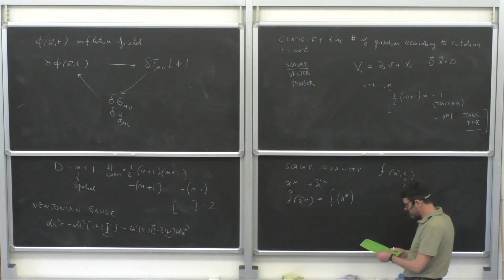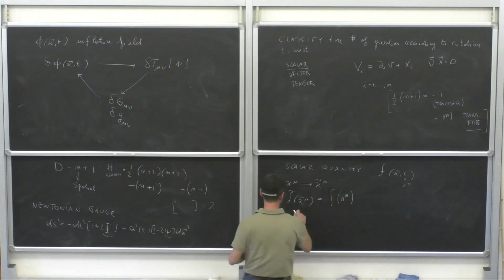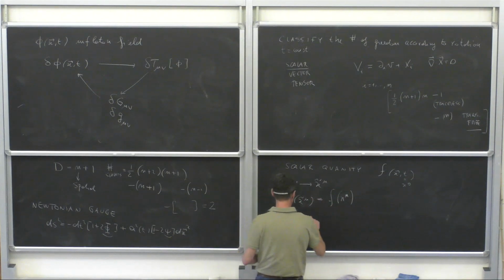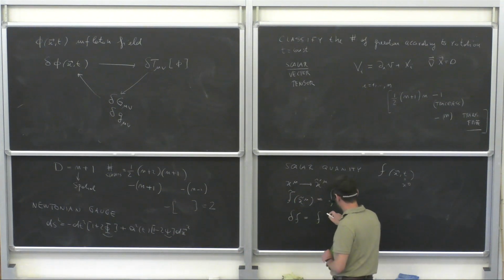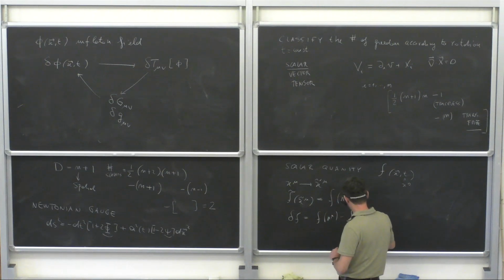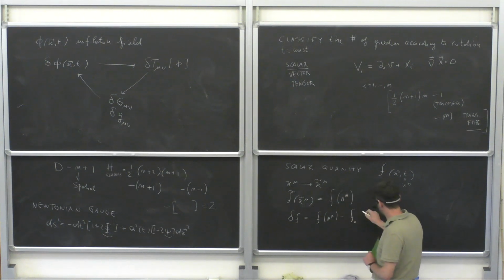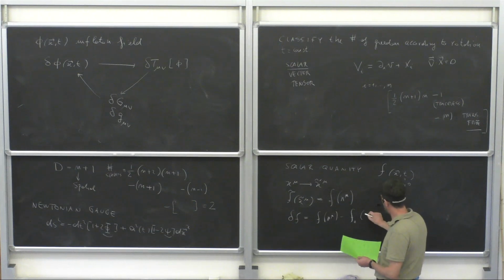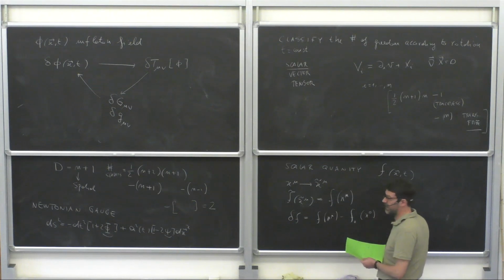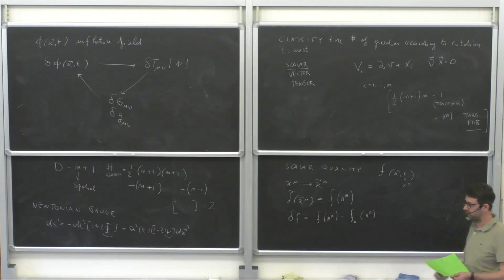The fluctuations are defined to be delta f equal to f of x mu minus f0, the background, which in our problem will be only a function of x0, of time, because we are dealing with cosmology.